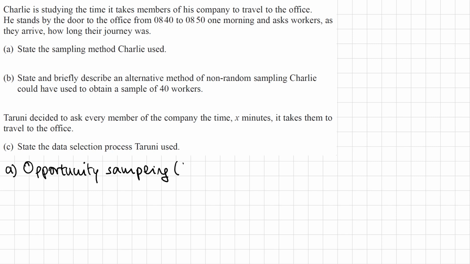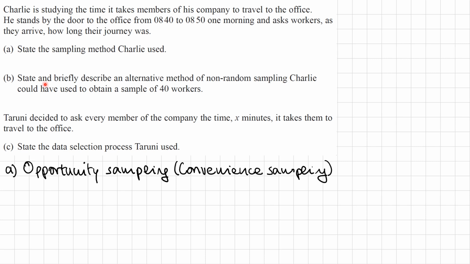This can also be known as convenient sampling, so you can use either one of those words. It's convenient, it's just easy, no hard work involved, no calculations involved. Whoever comes to you at the time, you just use that as a sample.